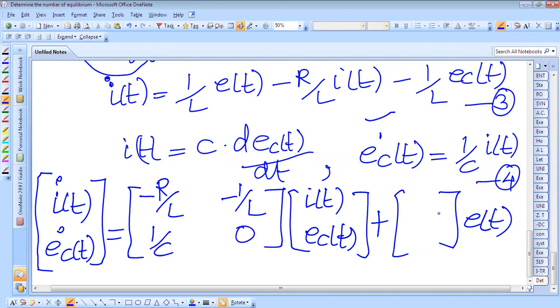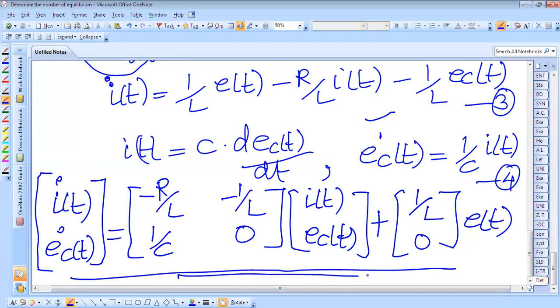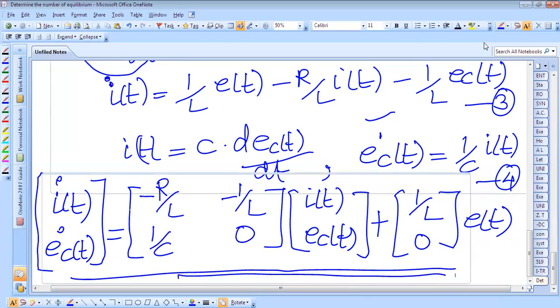The coefficient of e(t) is 1 by L in the first row and 0 in the second. So this is the state space representation for the given system. Thank you very much for watching the video.